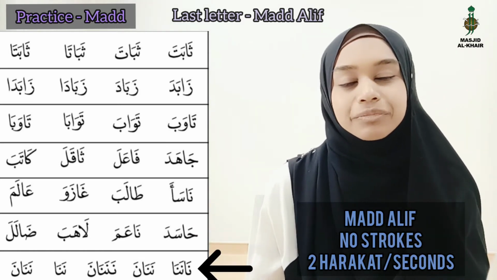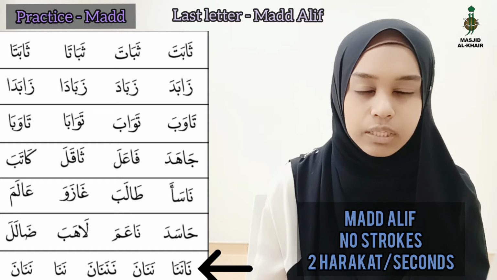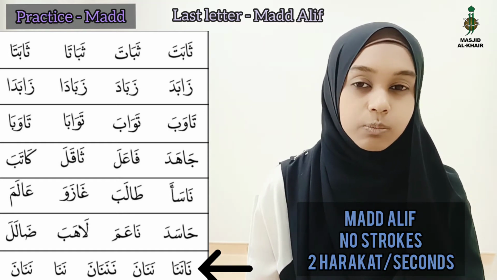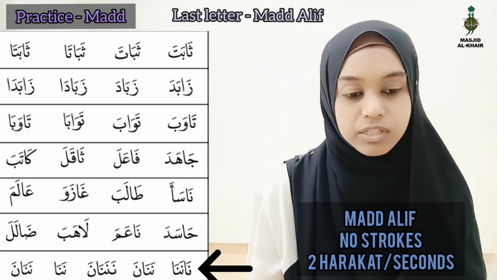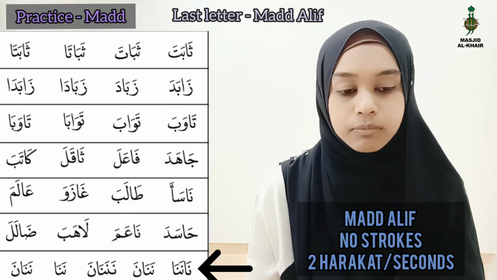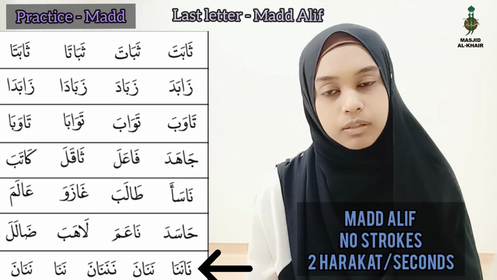Now all this is letter na, so we have to really focus on which na is being prolonged, which one is kept at 1 second. Let's look at this. Your first na has a mad, and your last na has a mad. Only the middle one is 1 second.